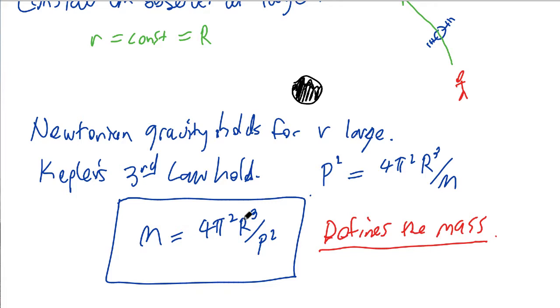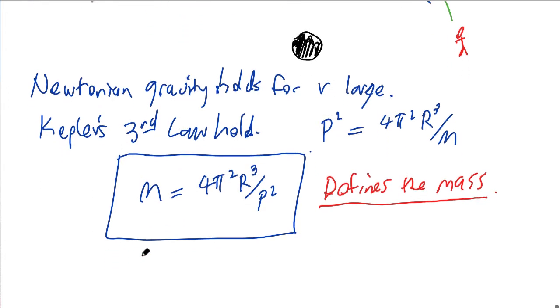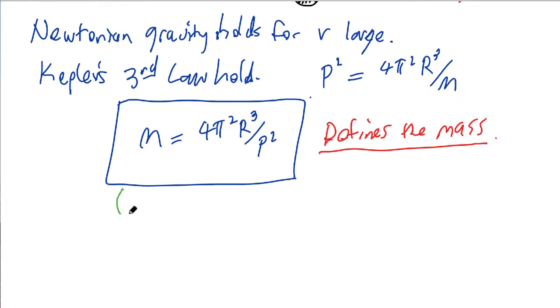And then from the period and the radius, use this to deduce what the mass is of the central body. Now let's show that this m, this mass, is the parameter that appears in the Schwarzschild geometry.